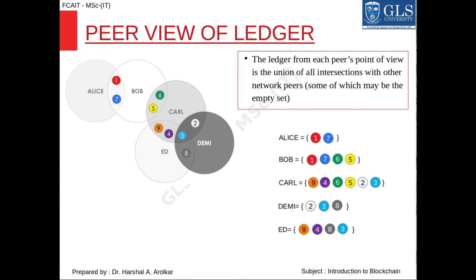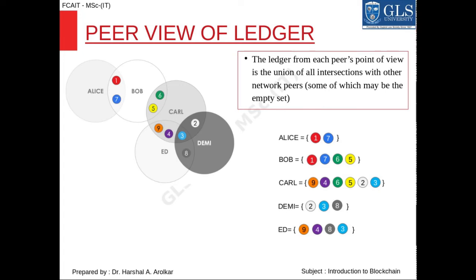Then a transaction between Carl and Ed, given transaction 4, and then Carl and Bob was given transaction 5, again between Carl and Bob given transaction 6, then a transaction between Alice and Bob, hence it became 7, then between Ed and Demi, hence it became 8, and then between Ed and Carl, hence it became 9. This is for understanding simplicity. It may not be exactly in this particular order.